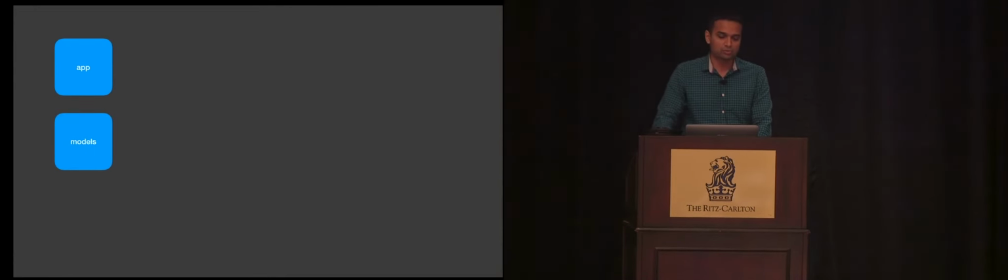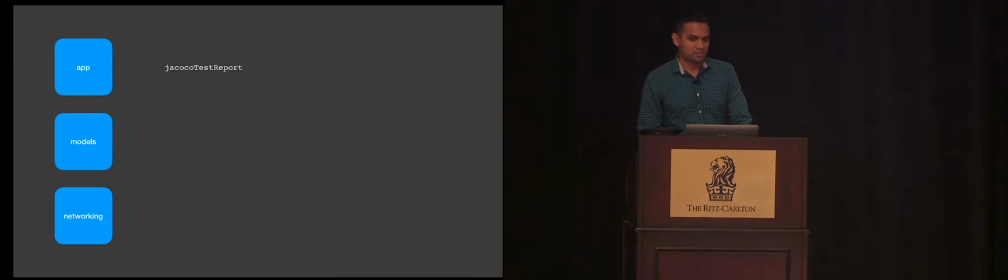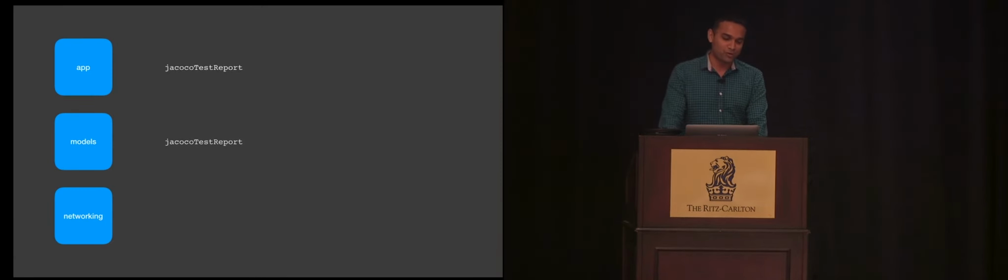Point about multi-module apps. I'm pretty sure most of you must be using multi-module apps just to make use of the incremental build times. So let's say you have a multi-module app, typically an app module, a models module, and a networking module. If you followed the steps that I mentioned, you probably end up writing a separate task for all of them, which is probably not what you want to do, write a separate task everywhere.